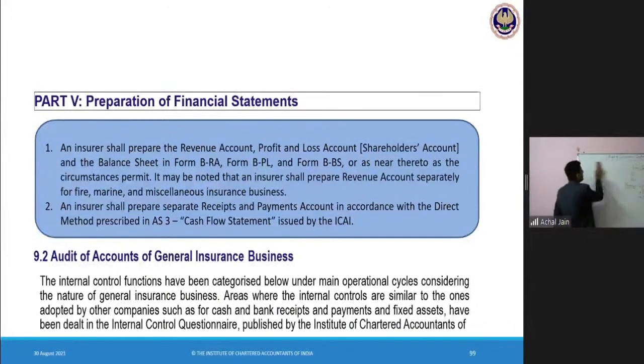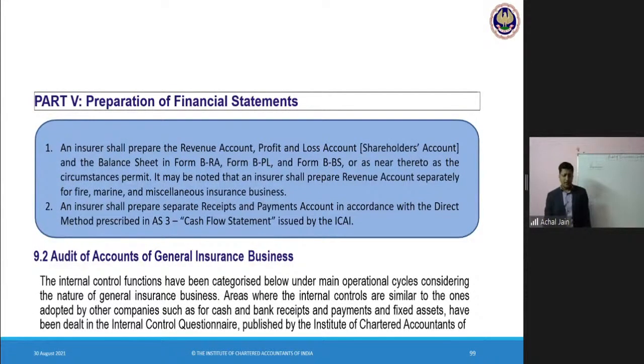Okay, so now moving back to audit procedures in relation to the specified line items, or specific areas of general insurance business. We discussed premium quite a lot, about various audit procedures. Correct? Yes or no?